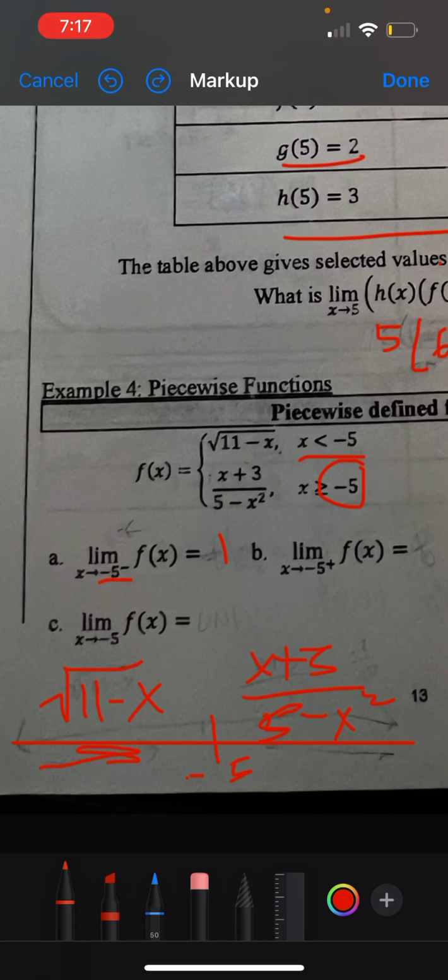And then this one, as it approaches negative 5, well, let's work out B first, because if we work out B, it'll solve C for us.